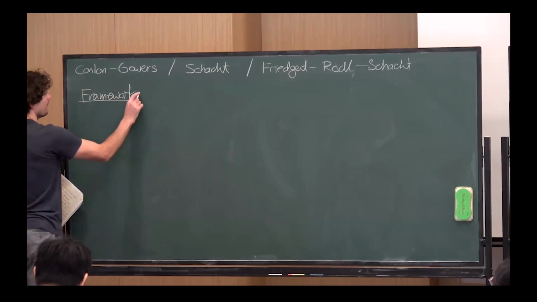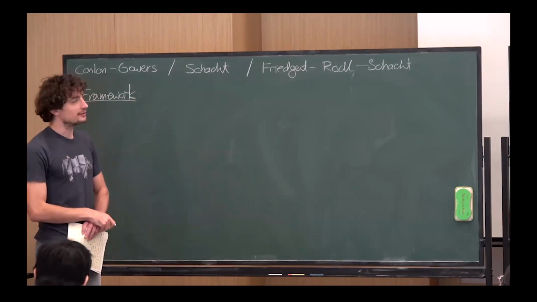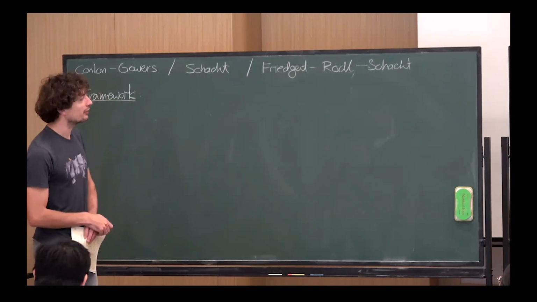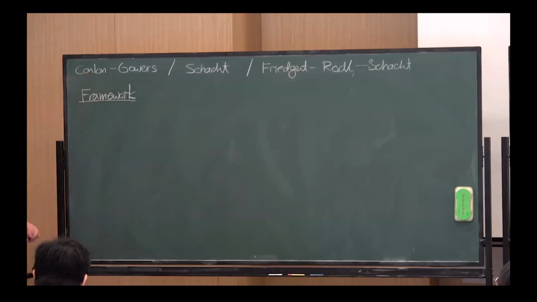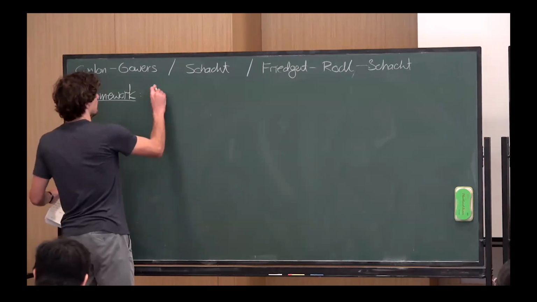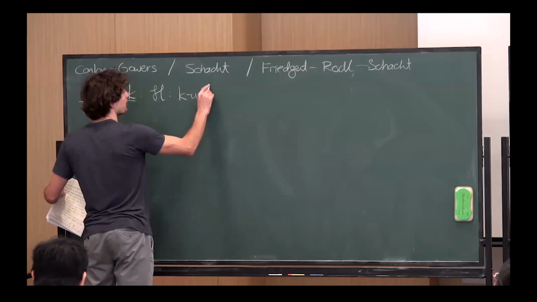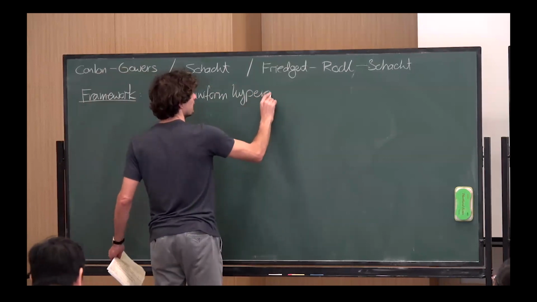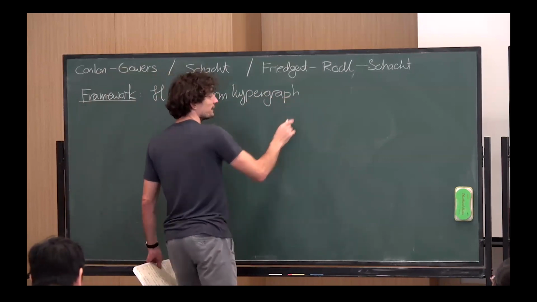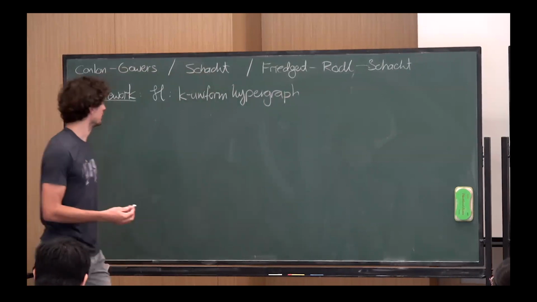The framework is to state all these theorems concerning, say, triangles in the complete graph, or arithmetic progressions among the integers 1 to n, or copies of K4 and so on in the complete graph, in the language of hypergraphs. So the setting is that H will be a k-uniform hypergraph, which is nothing else than a certain collection of k-element subsets of some finite set.